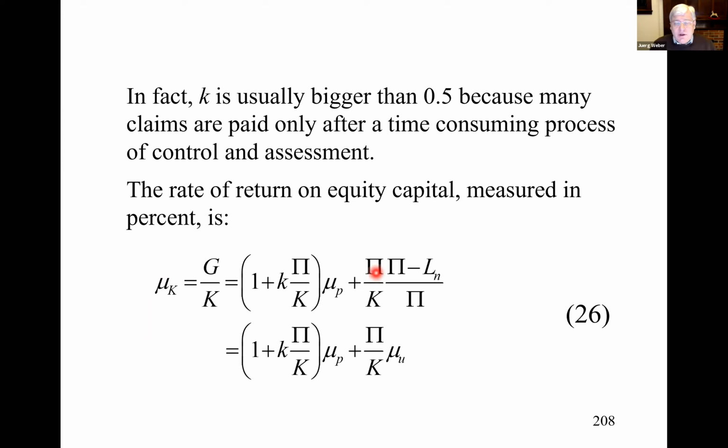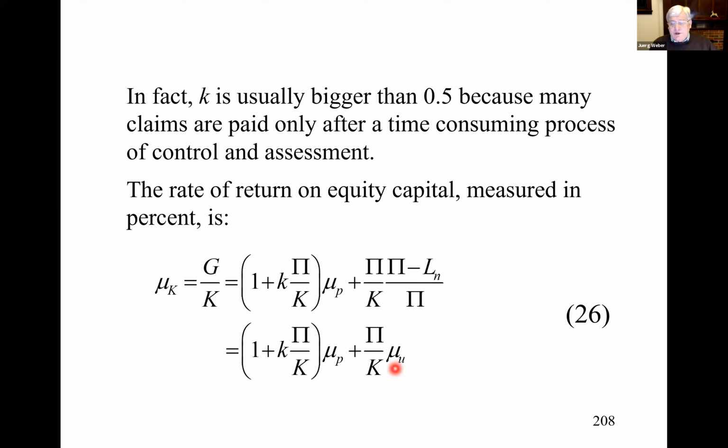Actually, I'm doing here, so I'm getting here the 1. I have the pi divided by K. Here I also have divided by K. And then I do immediately here also a second step. I multiply pi on top and below. Naturally, we can do that, it drops out so nothing changes here. So that's the second step that I'm immediately doing here. So what you get here, this is again the underwriting return.